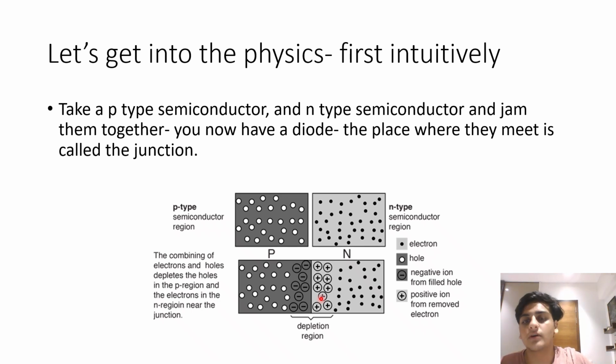Now, another phenomenon occurs when you start having this depletion region. We can't get into the specifics of the process, but basically there are many processes that spontaneously create these electron hole pairs or charge carriers in any region of the semiconductor.